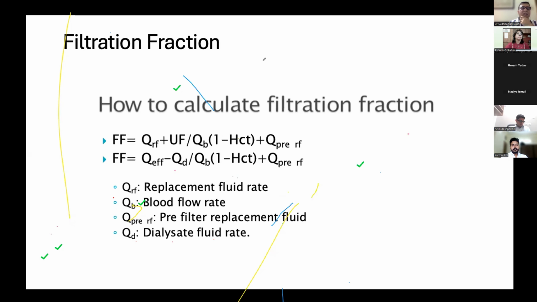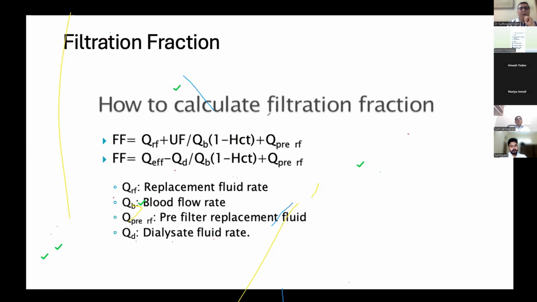So you have to know what filtration fraction is. It is an equation derived from our nephron, from the kidney itself, where the equation is GFR divided by renal plasma flow. Likewise, if you take the artificial kidney, the filtration across the membrane happens, so we can reciprocate the same equation in our CRRT circuit.